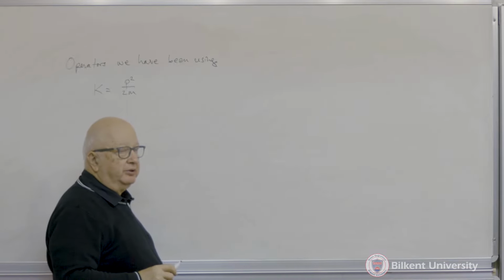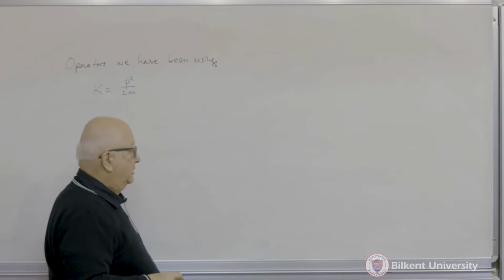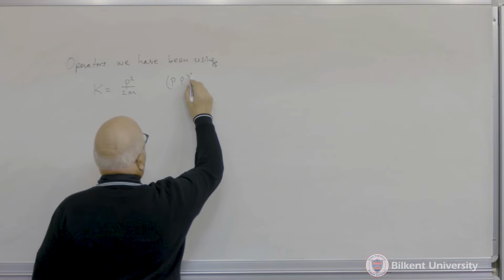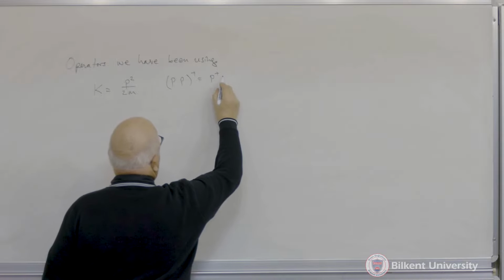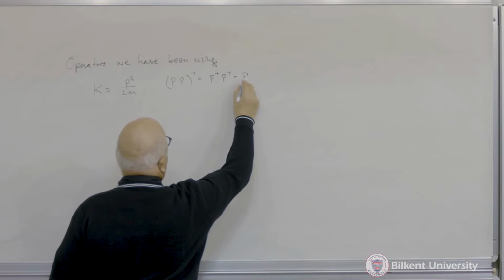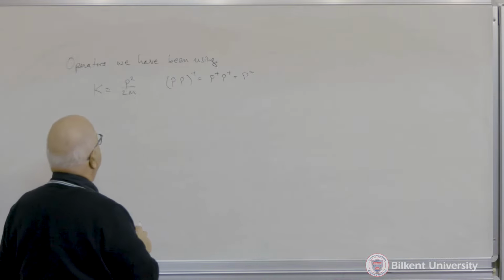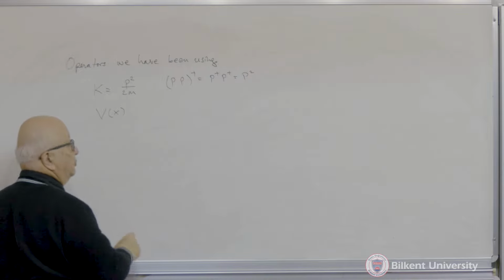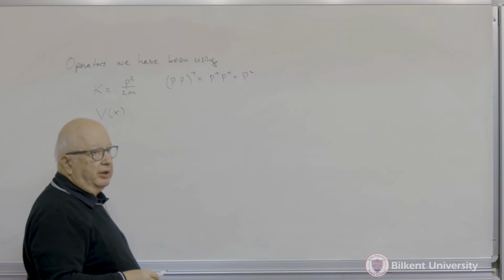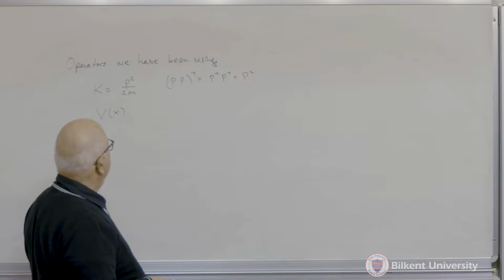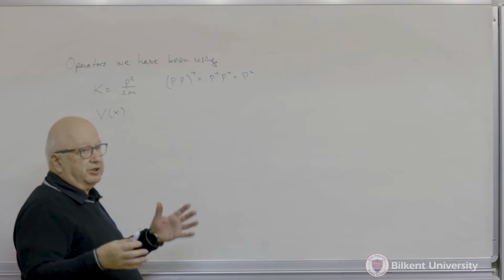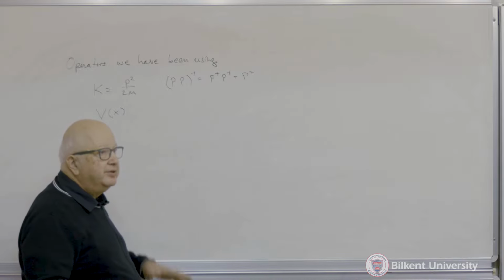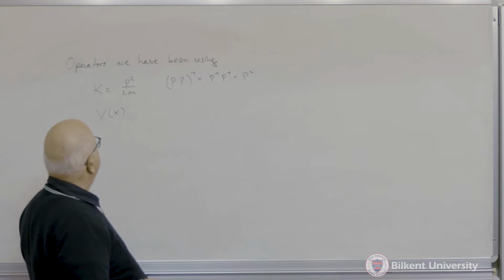Is this Hermitian? Yes, because it's just p times p, and its adjoint is going to be p dagger times p dagger, so it's going to be p squared again. So it's Hermitian. It contains V of x, which is the potential energy. It's Hermitian because it's real valued. It just contains x, and the x operator is Hermitian, x and powers of x. So that's that.